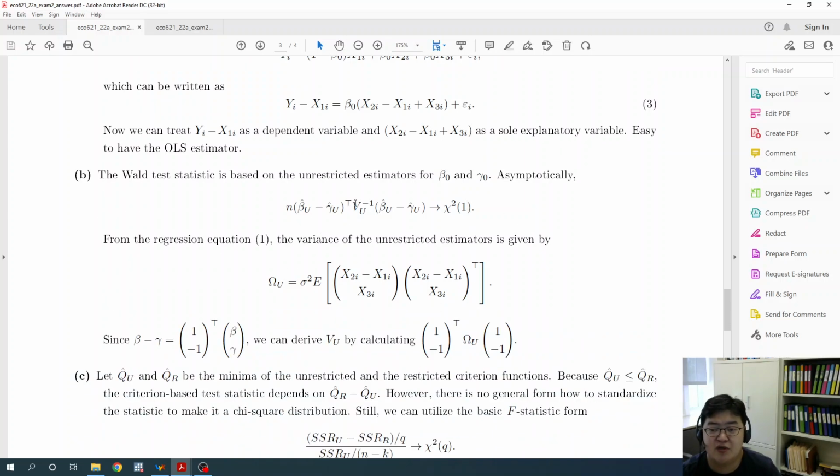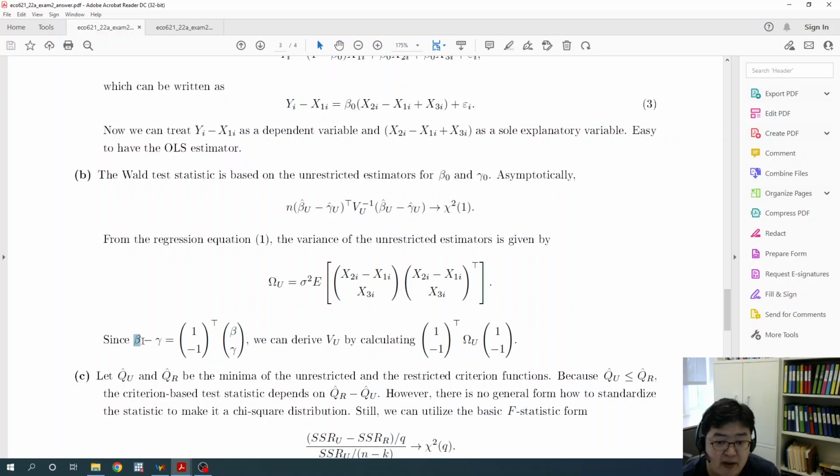Then how do we obtain the variance? It's algebra to obtain the final result. The algebra is tedious, but to write it is not that difficult. We know the variance of the OLS estimator. Basically, it's OLS with two regressors, so it will take this form. If you calculate that matrix, then you can calculate the variance of beta and gamma as a two-dimensional vector.